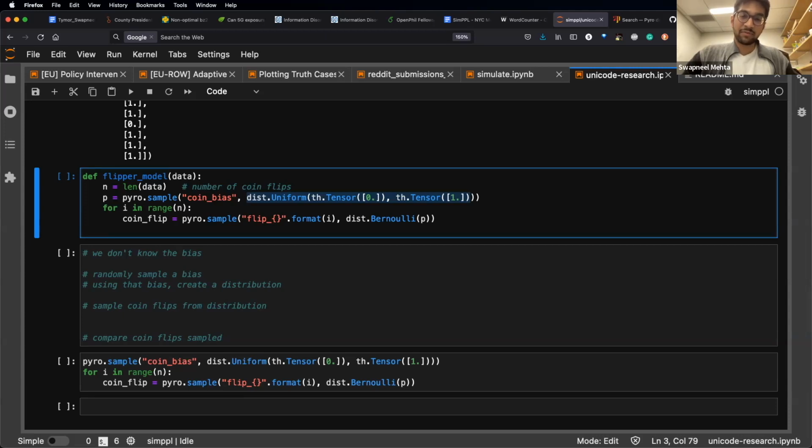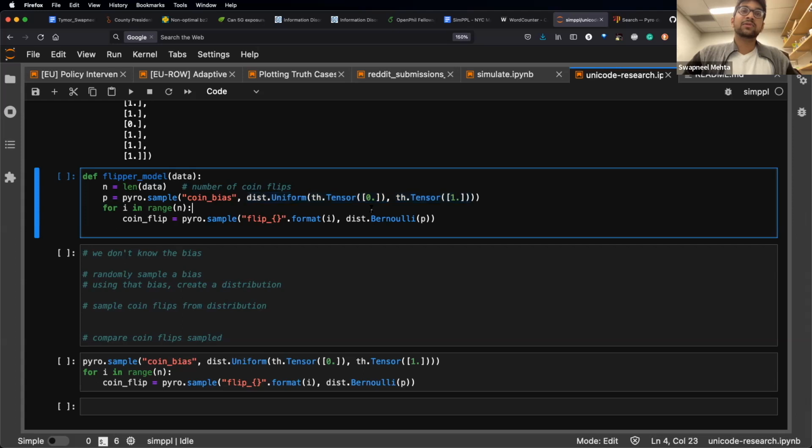How many of you are familiar, by a show of hands or comments, with the concept of priors and posteriors? Okay, so some of you, not all of you.